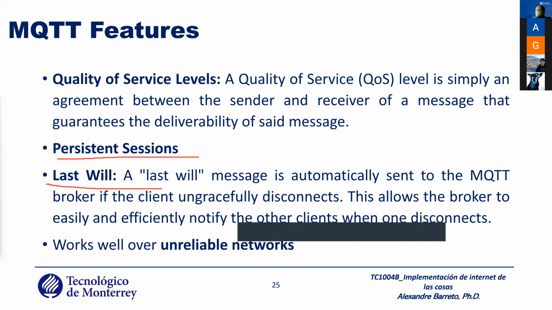This device can send a last will. What is the last will message? It's a message that says, I will leave, I will disconnect from the network, you won't receive any more messages from me. And it's very good because it assures that you have a more stable network.